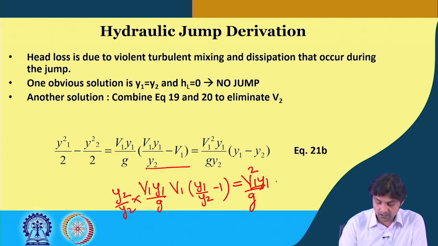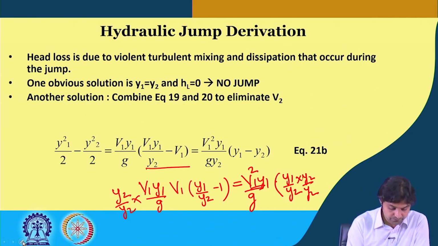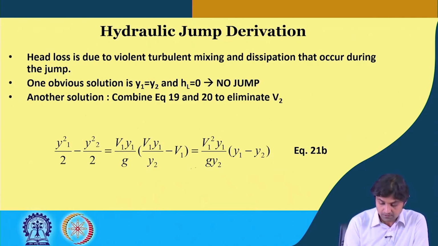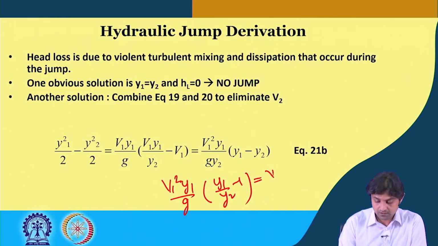So, this becomes V1 square Y1 by g divided by Y1 by Y2 minus 1, this we have. So, we take Y2 outside. So, V1 square Y1 by g, and we take Y2 outside.